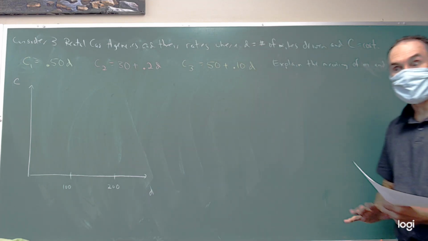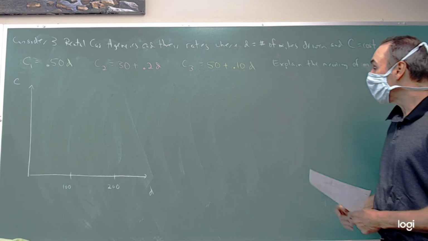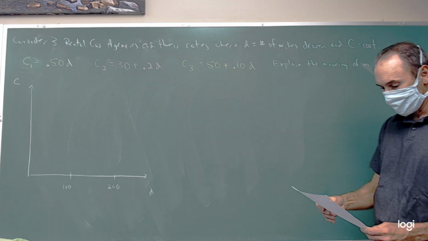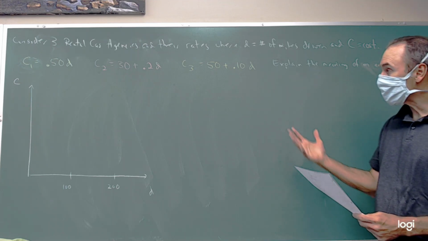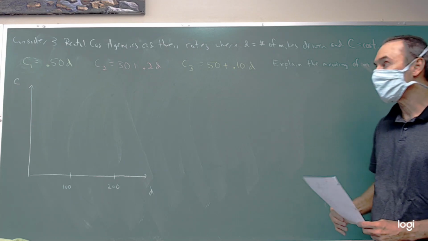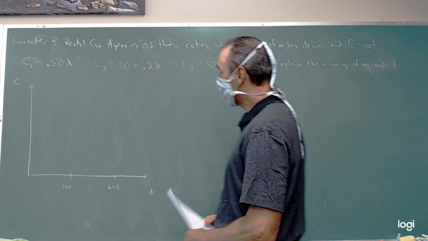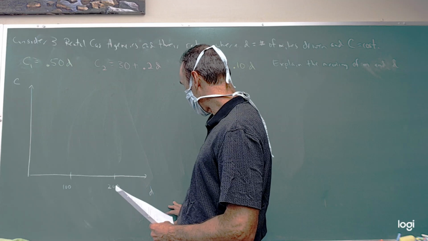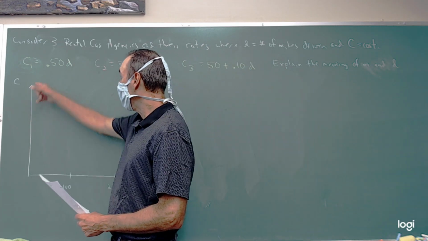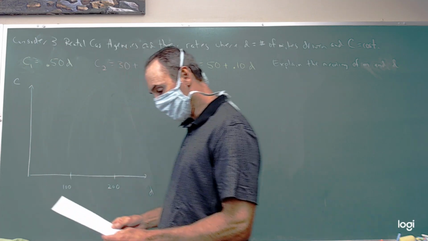Does that make sense? Okay, so then what we're going to do is graph these, and then try to answer the question of which is going to be the better deal and when. But we're going to graph it first. I've started my XY axis, with the miles driven on the horizontal and the cost on the vertical.